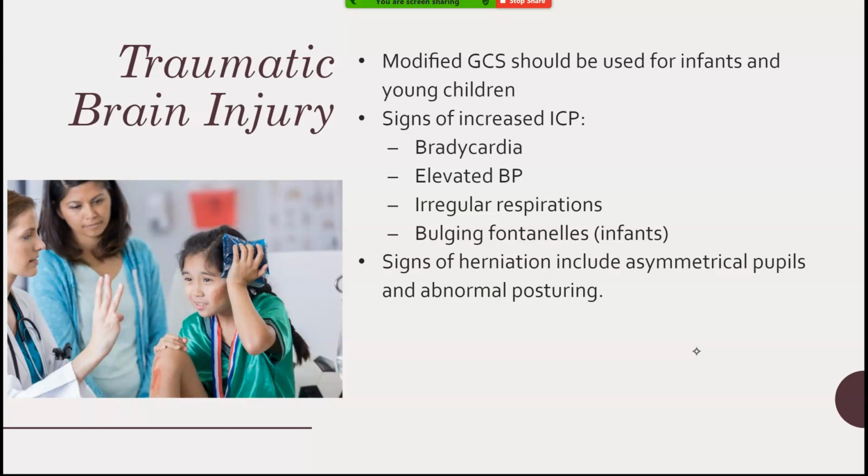The problem is, depending on the age of the child, you might have a delay before you notice the signs and symptoms, especially infants with open fontanelles. Again, signs of herniation: asymmetrical pupils, abnormal posturing, bradycardia with hypertension, irregular respirations. Cushing's triad, right? Not new. We are familiar with these things.